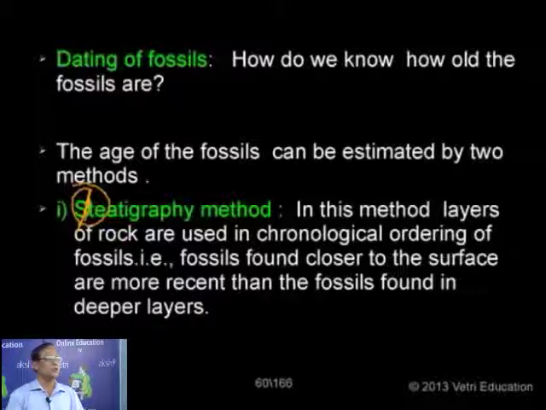So, at which period the fossils have appeared, or at which period the fossils actually have been formed, that can be calculated by arranging the layers of the soil, so that one can know the period at which the animal or the plant lived. So the layers of rock, stratigraphy method, S-T-R-A, stratigraphy method. And this method is normally used for chronological ordering of fossils.